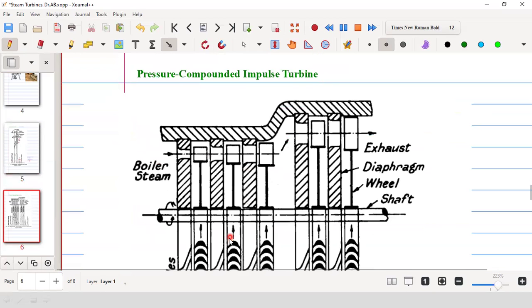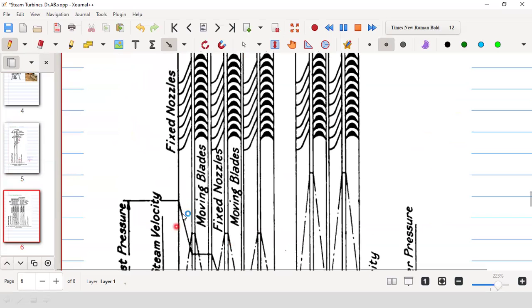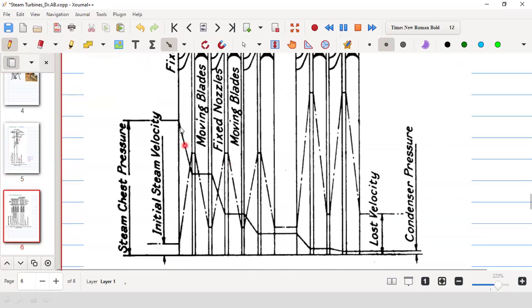So the whole pressure is not reduced in a single stage or single step. It is reduced in a number of stages, so that the velocity increase will also be within limit, right? That means in one stage the velocity will not increase very high, so it will have a moderate kinetic energy at the exit of the nozzle, and it will now rotate the blade.